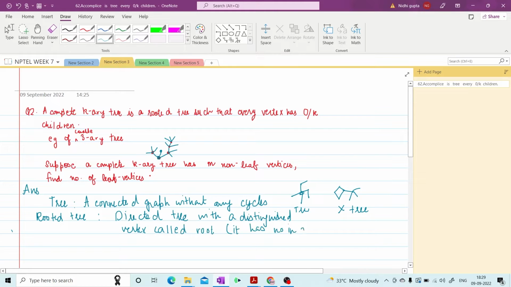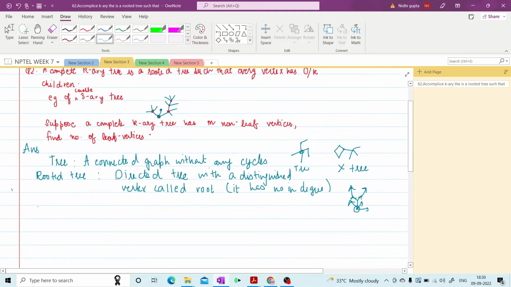That means all edges go out of it. There is no edge coming in to it. So this is a directed tree and this is a root. So a rooted tree is a directed tree with a distinguished vertex.